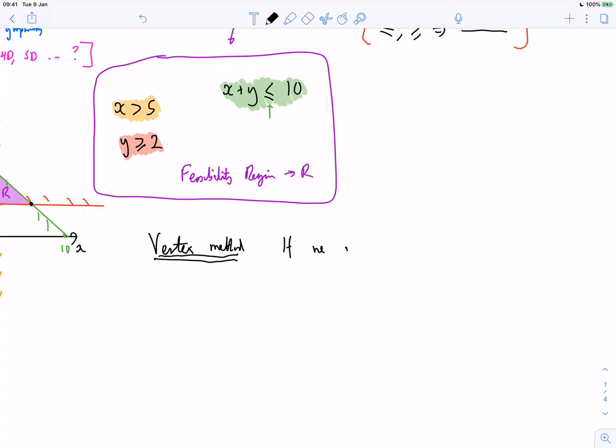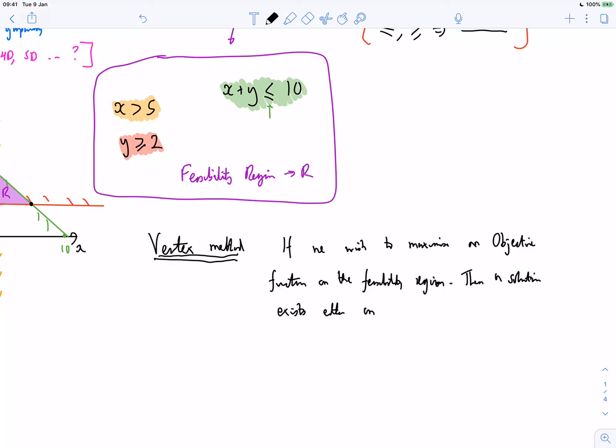If we wish to maximize an objective function on the feasibility region, then a solution exists either on or near a vertex.